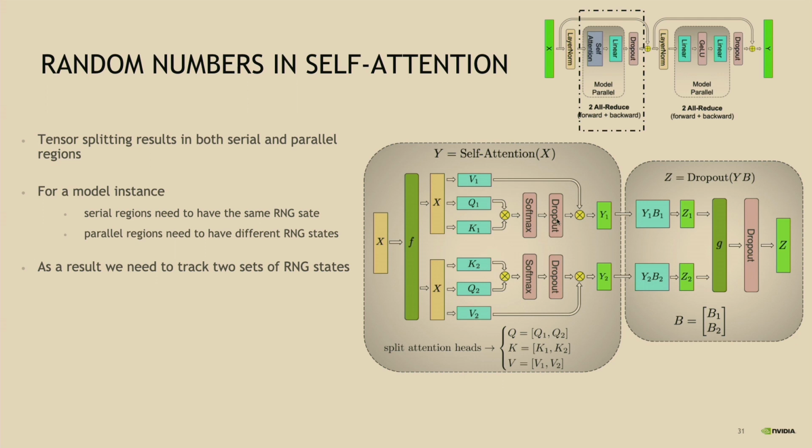One is dropout after the softmax, and the other is dropout at the end of the layer. This dropout is serial and needs to be the same on all GPUs, versus this one should be different on model parallel GPUs. As a result, we need to track two different RNGs and switch between them, and need to know where we are. This is actually critical, otherwise we will end up with symmetry in the system as well.